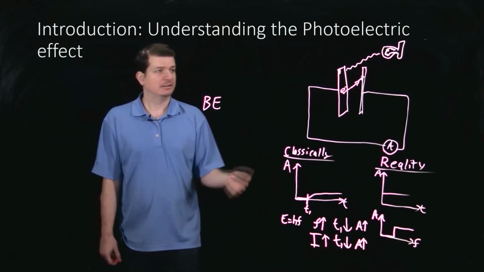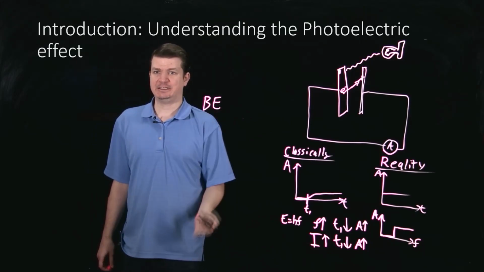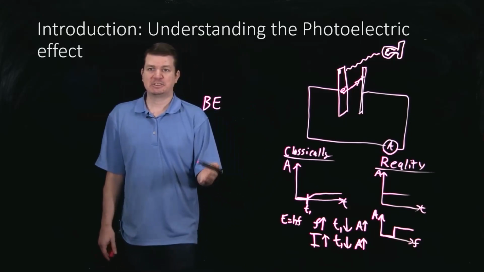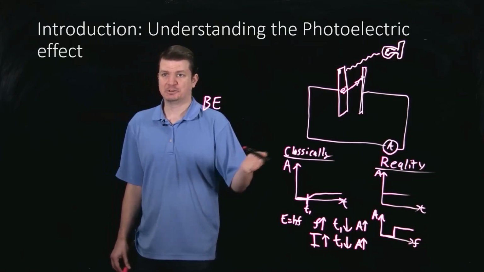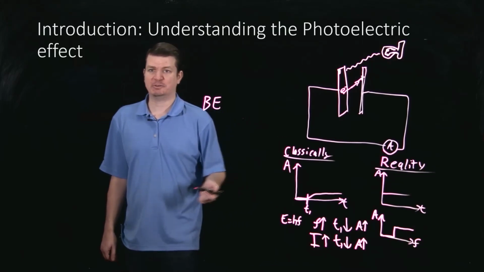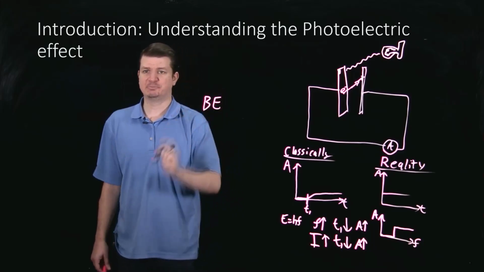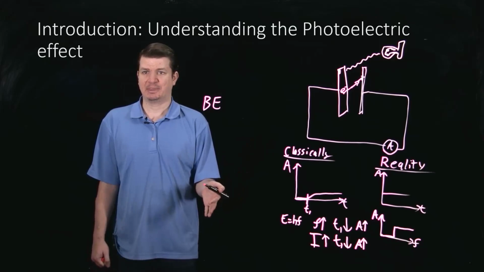So if we're saying that we need to give an electron an energy of BE, the binding energy, in order to escape the metal, well, that's the same as saying there's some amount of work W that we have to do on that electron in order for it to then be free of the metal. So binding energy, work function, whatever, that is the minimum energy that you have to give the electron to escape.